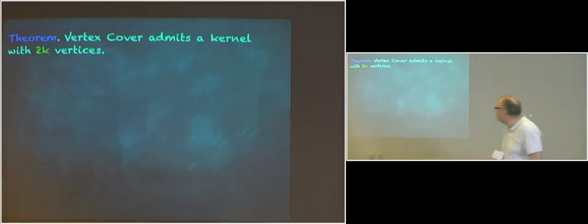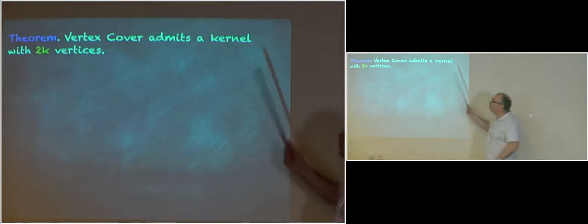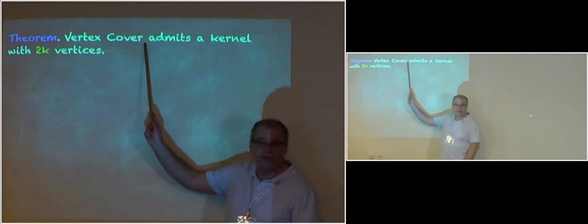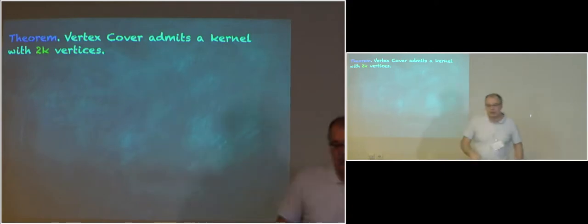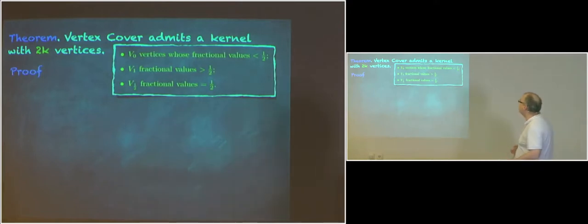Okay, now I can improve the crown decomposition kernel from 3K to 2K by making use of the Nemhauser-Trotter theorem. So what am I doing? Once again, I write my problem, vertex cover, as a linear program, and then I run the linear program.